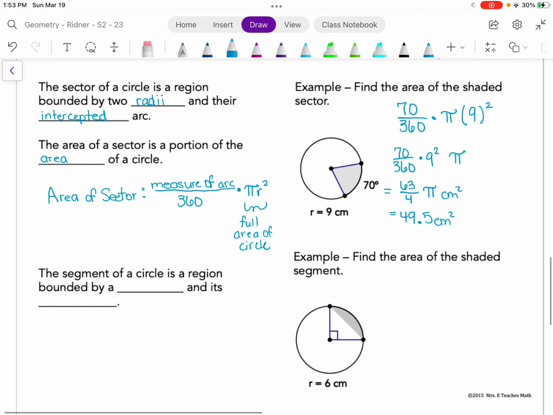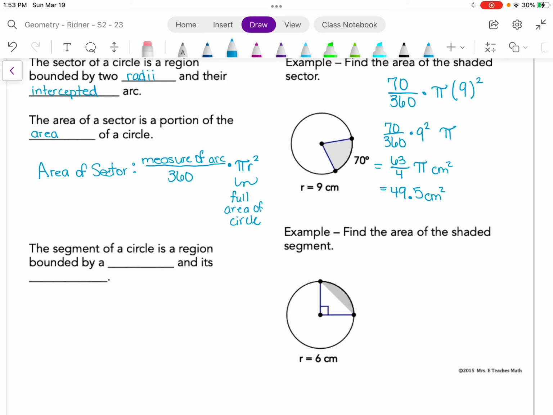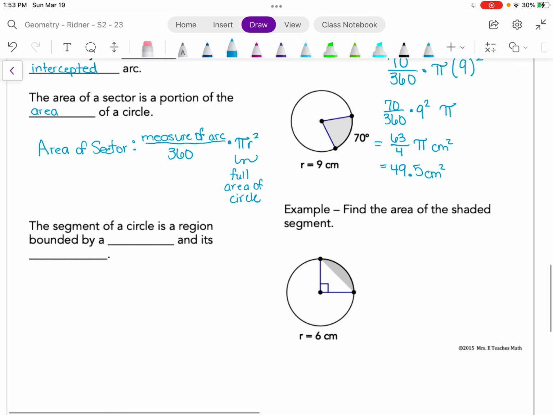And what if we take it up a notch and we say the segment of a circle is a region bounded by a chord and its arc. So this time we want to just find the area of this little piece. What we can do is find the area of the sector like we did last time.